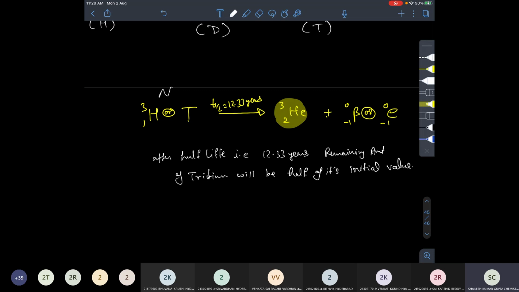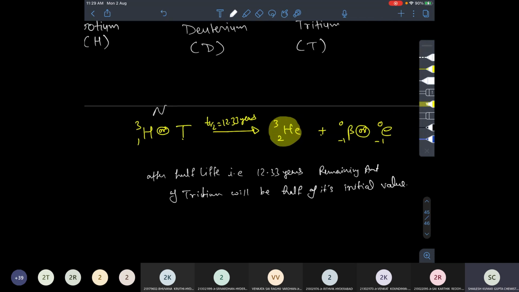Now, is there any utilization of this tritium? Yes, there is utility. You can use it for short dating technique. Dating technique means determining the age of something. Mostly it is used for dead samples. You cannot tell the age of a rock based on this concept, but you can tell the age of something which died 5 years, 10 years ago.